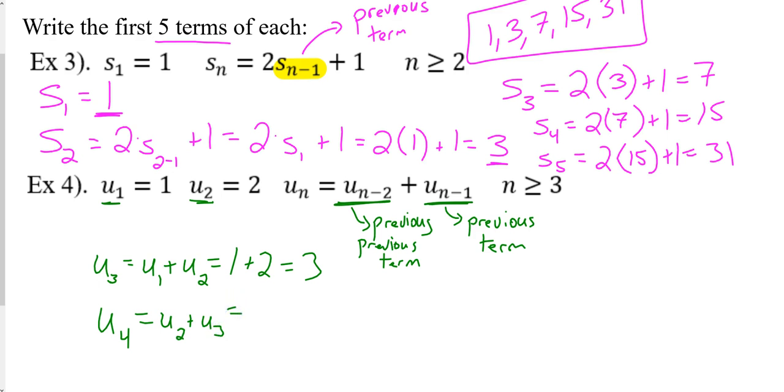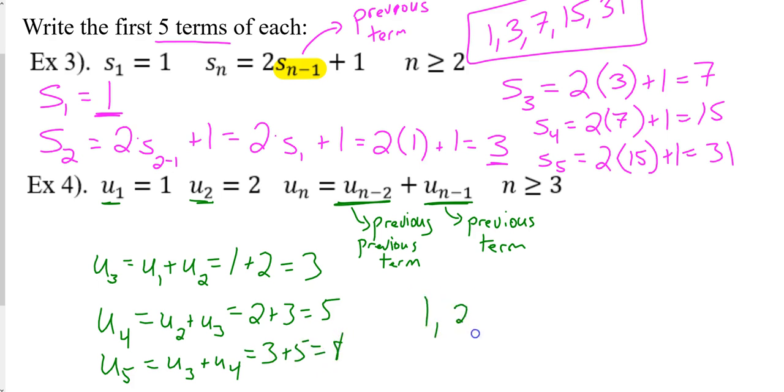Again, our previous plus our previous answer, so that would be equal to 2 plus 3, which is 5. And then u sub 5 would be equal to u sub 3 plus u sub 4, which would be 3 plus 5, which is 8. So listed out, those would go 1, 2, 3, 5, 8.